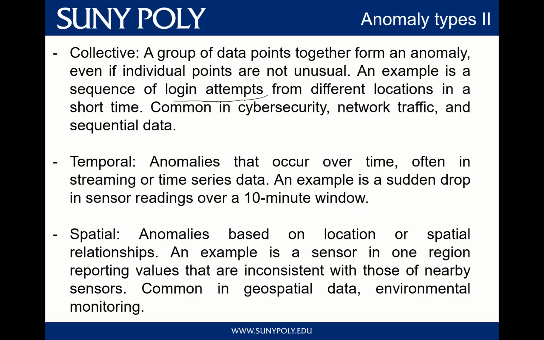But now, if there are several login attempts, a group of observations in a short time, that's an anomaly. A single login attempt might happen, it's normal. But when we have several of these login attempts, now it's a collective anomaly. This is very common, of course, in cybersecurity and network traffic.